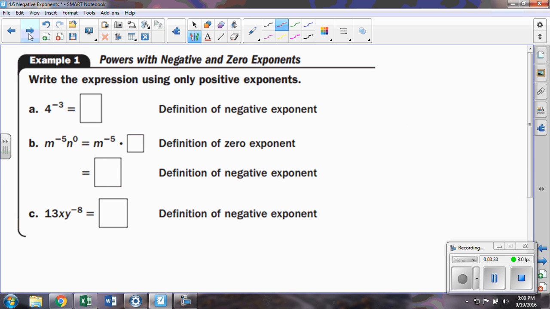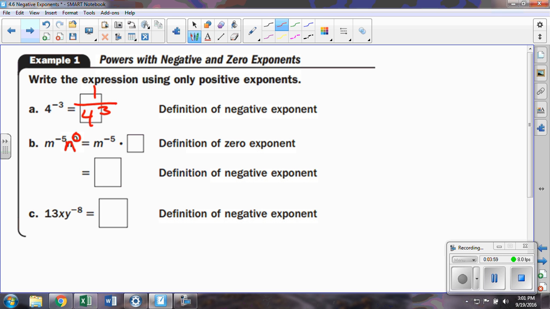To start off with then, how would you rewrite 4 to the negative 3 so that we have only positive exponents? 1 over 4 to the 3. We're done. That's it. Going to question B. Notice how we have n to the 0. Well, what is n to the 0 power? 1.